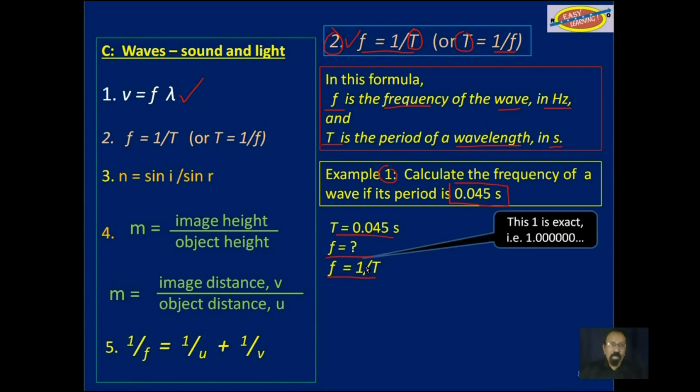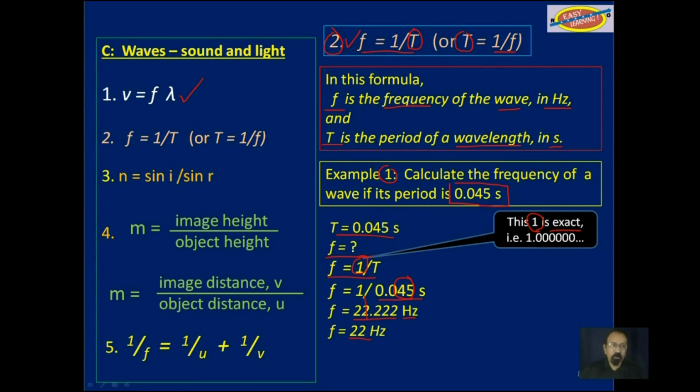Now understand that that one is exact. This is not one significant figure. That is 1.0000, as many significant figures as you like. We substitute in the formula and we get 22.222 hertz. We will round off to 2 significant figures, which is here.